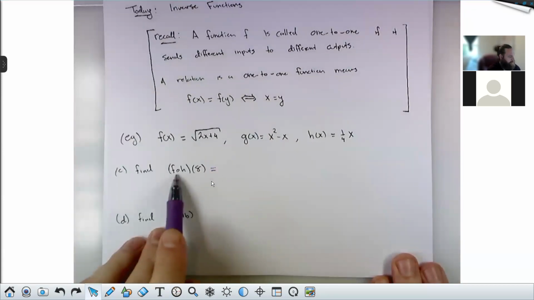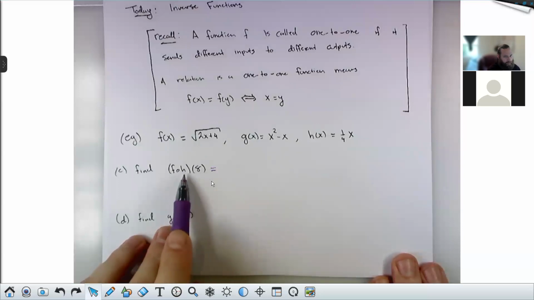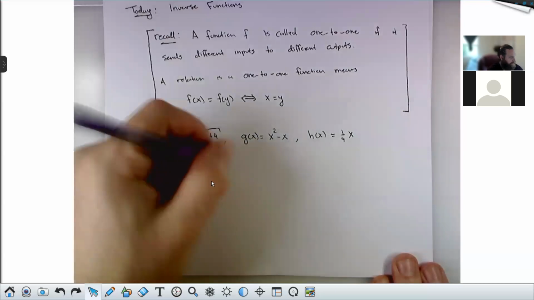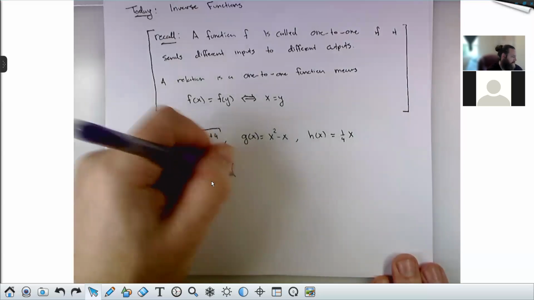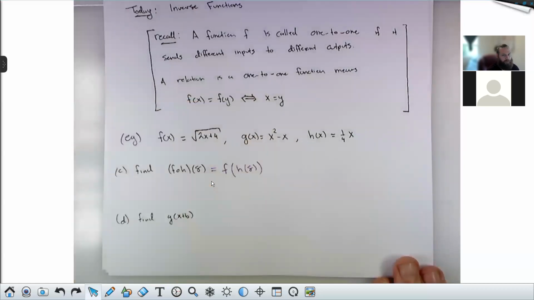F circle H of 8 is the same thing as F of H of 8, written like this. Right, this F circle H is just the name for the function where you plug into H and then take that output and plug it into F. Remember the machine diagrams? Once you have this, we work from the inside out.